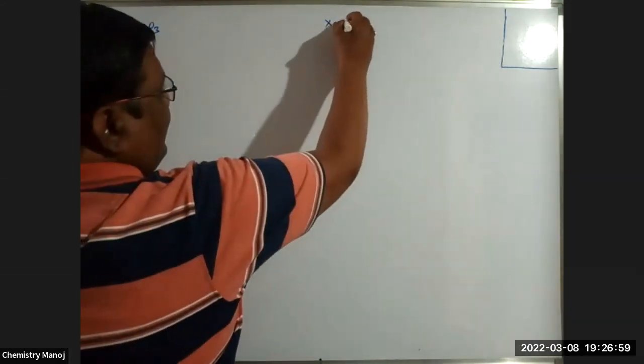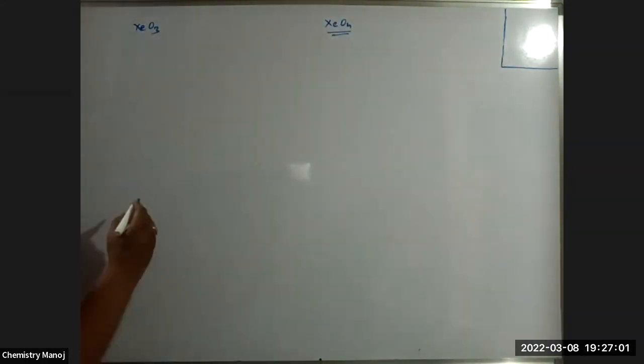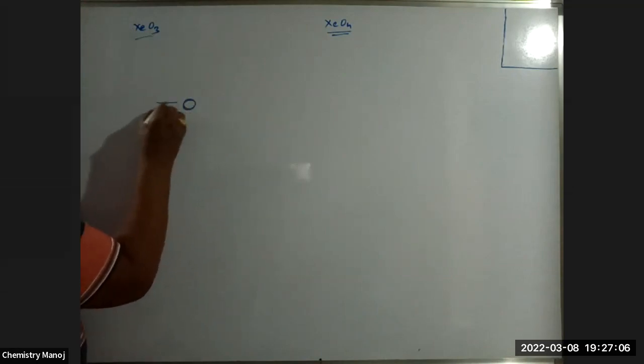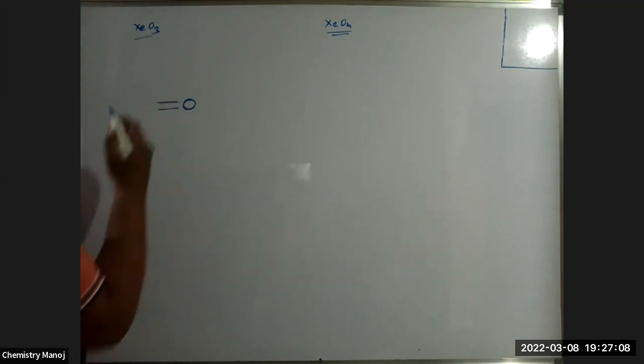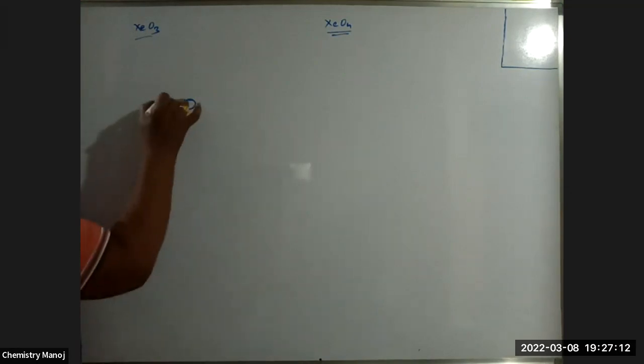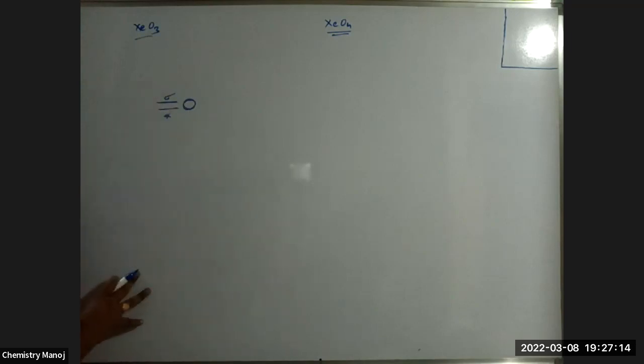XeO3, XeO4. Let us observe, my dear. Whenever oxygen is involved in bond formation, there should be a double bond with oxygen. That means oxygen always forms two bonds: one sigma bond and one pi bond. So the number of oxygens is equal to the number of double bonds.